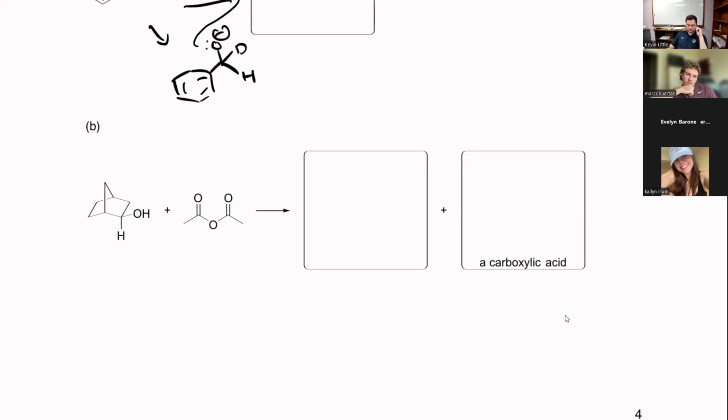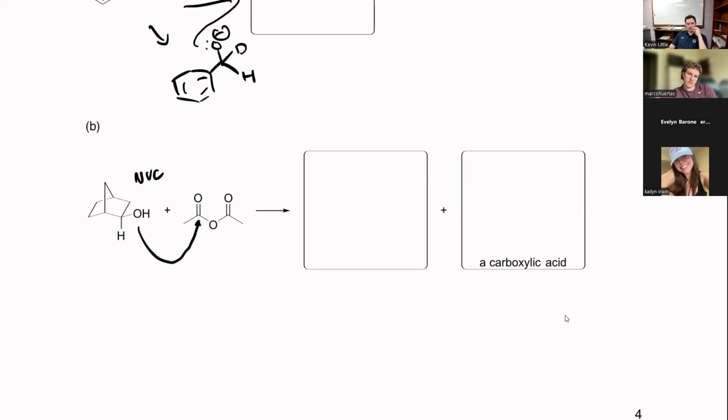Do we have a nucleophile? Yes. What is it? The alcohol. Do we have an electrophile? Yeah, the carbonyls. I have two, but they're identical. So what's going to happen? The alcohol is going to attack the carbonyl.